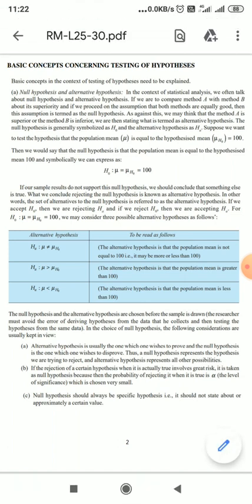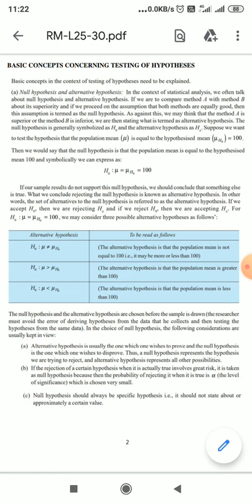If our sample result does not support this null hypothesis, then we can conclude that something else is true. If we conclude by rejecting the null hypothesis, then it becomes the alternative hypothesis.